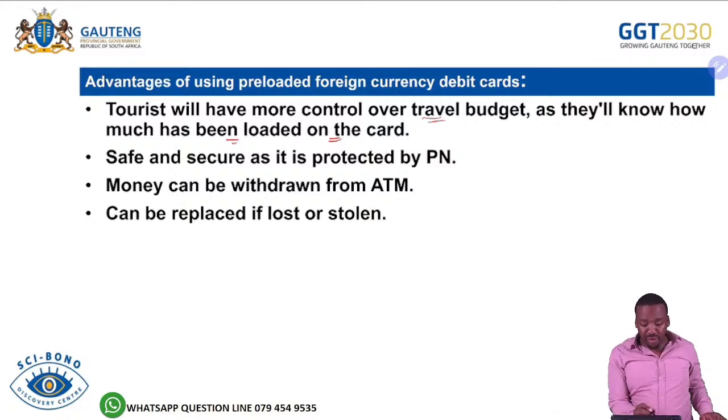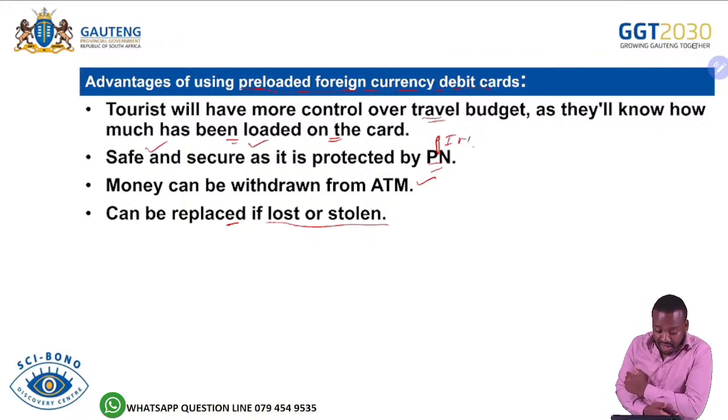Preloaded foreign debit cards are also safe and secure as they are protected by a PIN, and they've got multiple functions. As I said, they can be used to withdraw money at the ATM, and they can be replaced if lost or stolen.